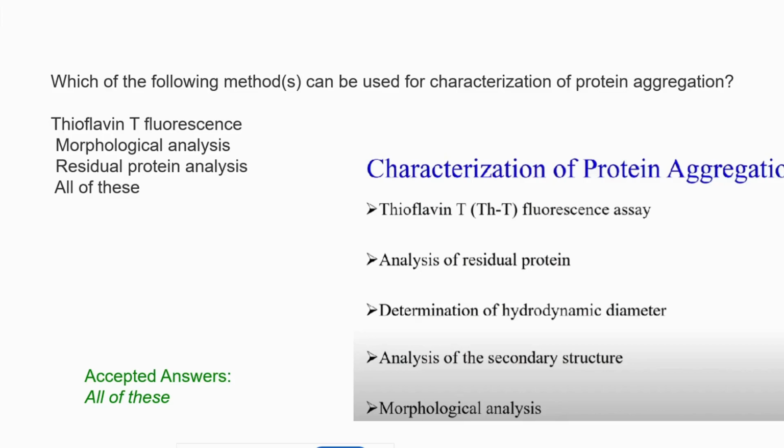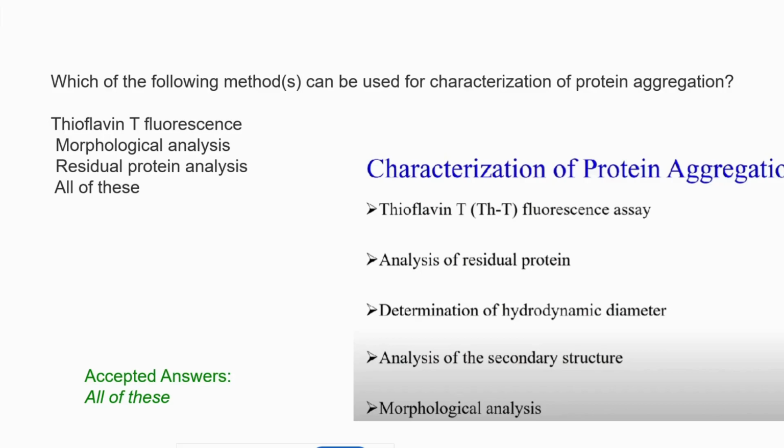So, thioflavin T can be used. This basically detects the beta sheets. The alpha helices are converted to beta sheets, and that leads to protein aggregation. So the more beta sheets, the more protein aggregation. That is how it is related.